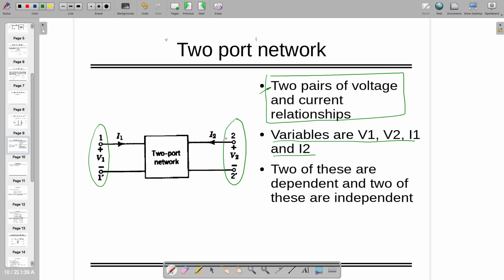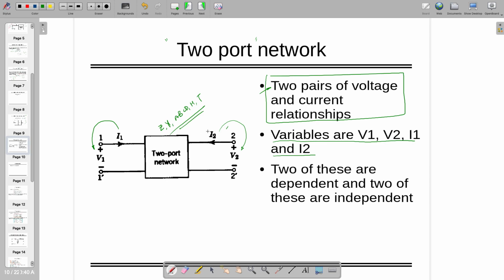So let's say that V1 is depending on I1 and V2 is depending on I2, because it depends on whether it's Z, Y, ABCD, H parameter, or T parameter. Any of the parameters can be written in terms of a two port network.